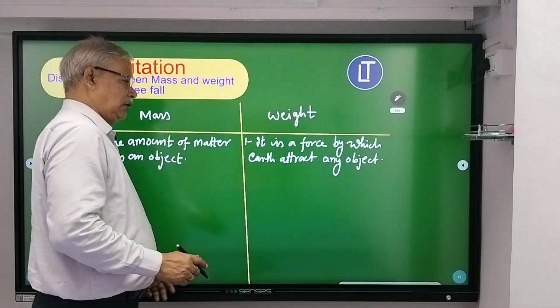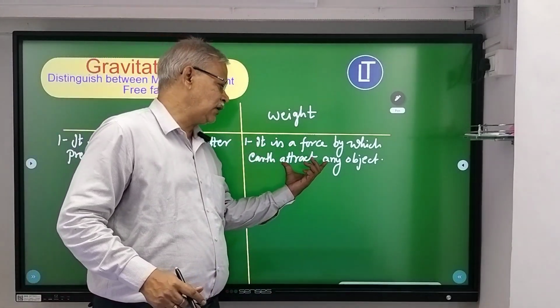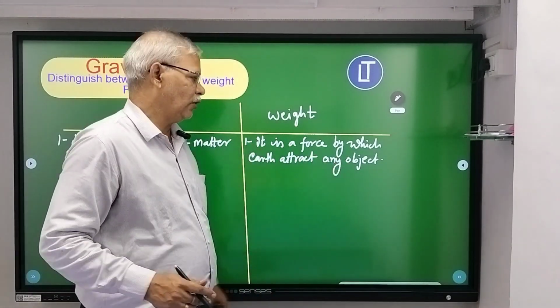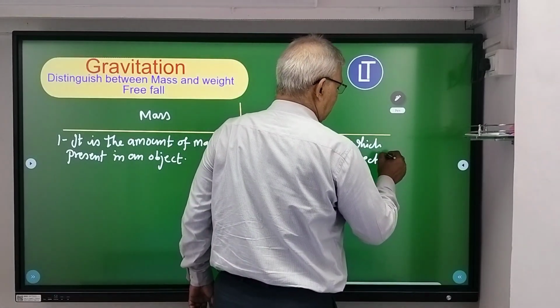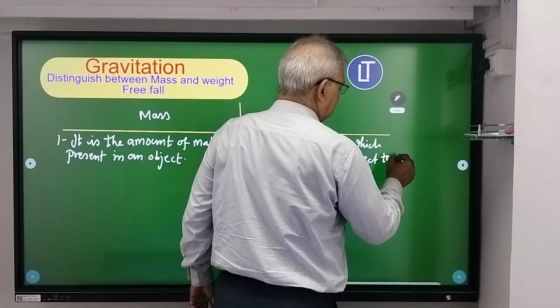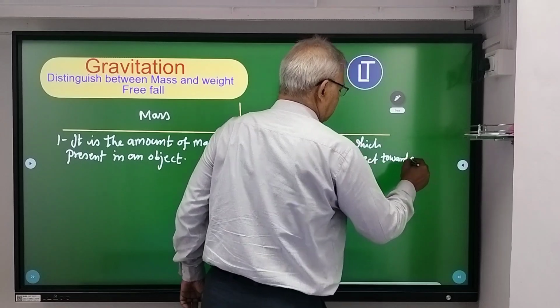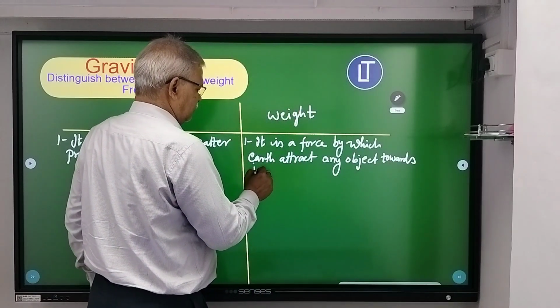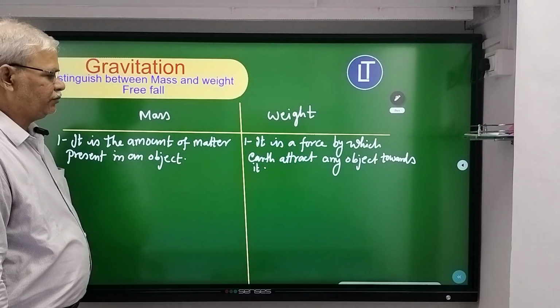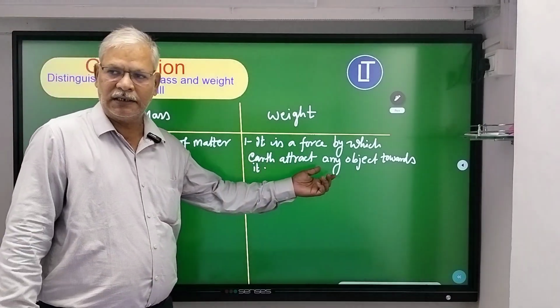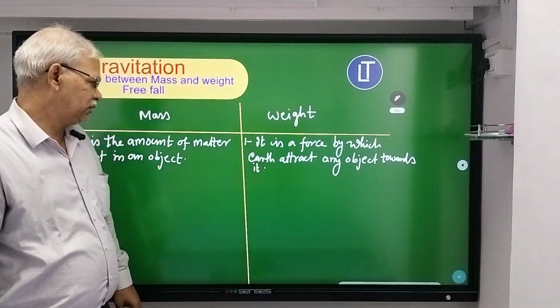Okay, it is a force by which earth attracts any object towards it.